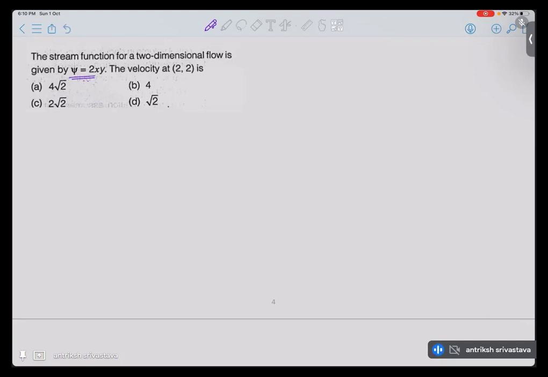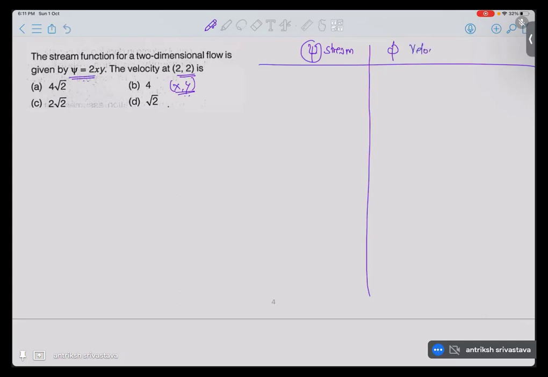The velocity at the point 2, 2. So x is 2, y is 2. What is the velocity at this point? So to do this question, what do we have to remember? We have to remember a few things. First, this is the stream function, and this is the velocity potential.